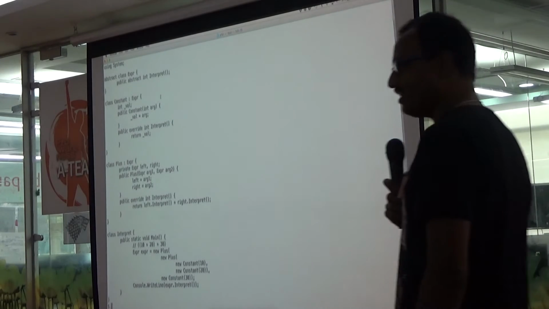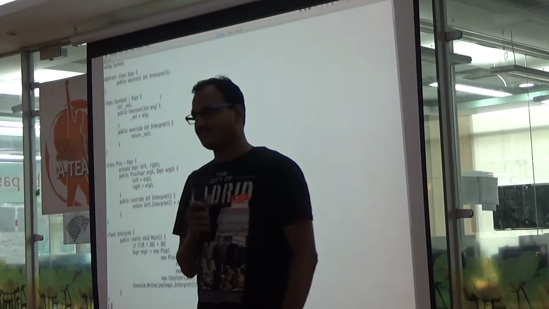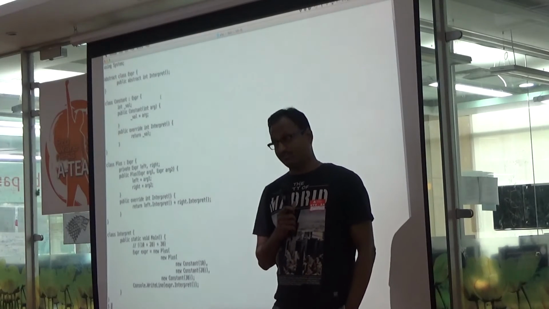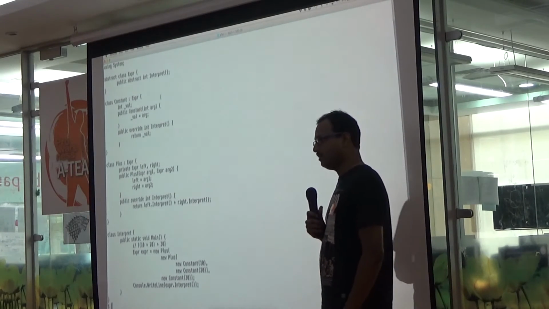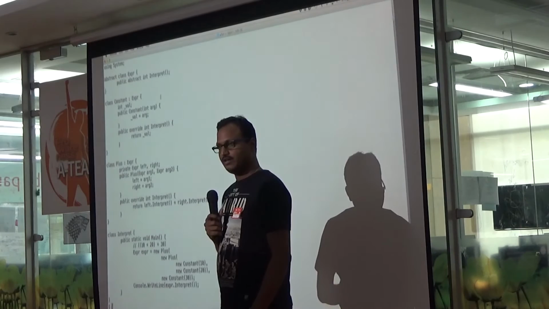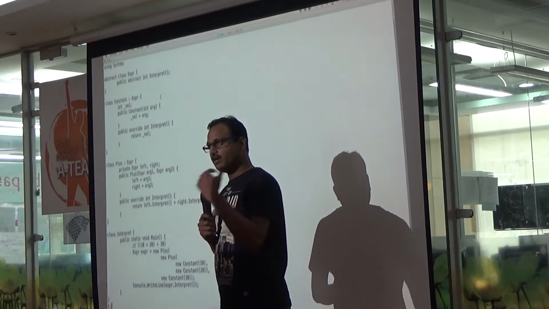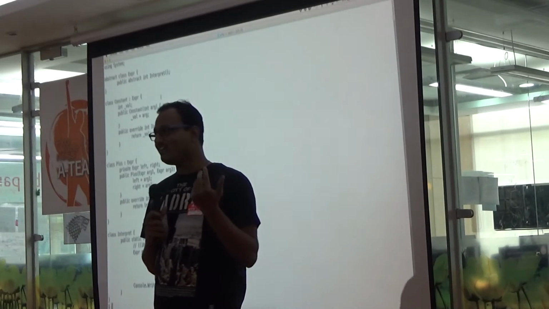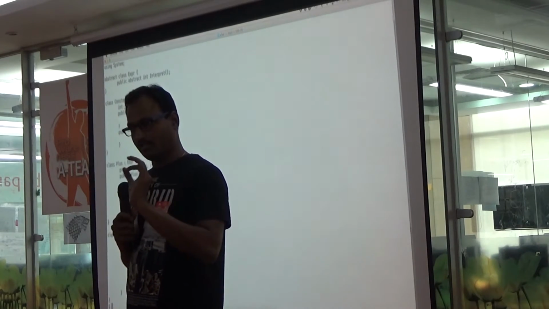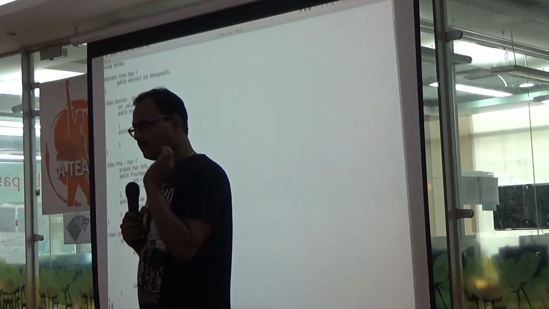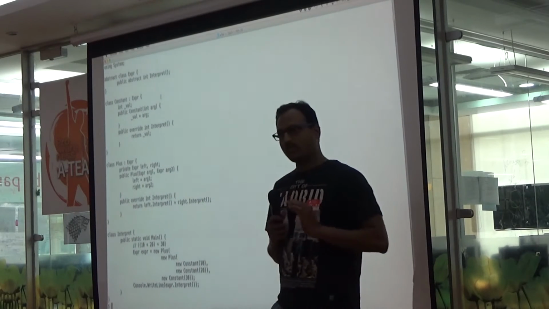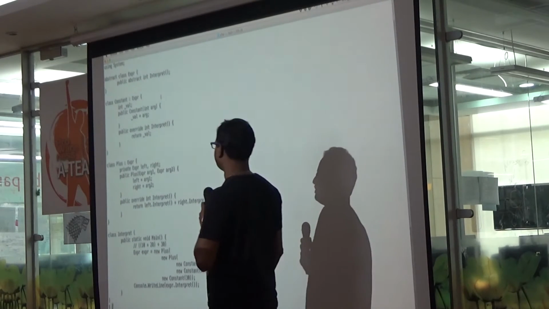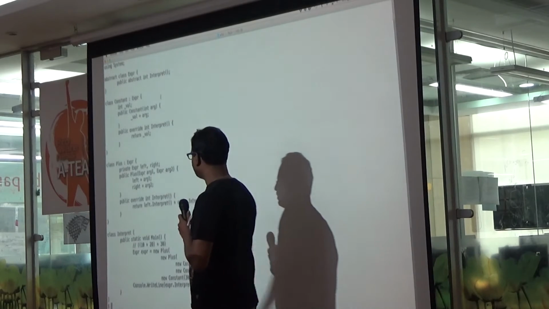Now, how many conditions do I have? The same logic, the same algorithm of if leaf. If leaf, you are not doing anything, but if it is non-leaf, then you are evaluating left and right. The same logic, whatever is given, we convert it into an object-oriented design with runtime polymorphism, and you can see that this works beautifully as well.